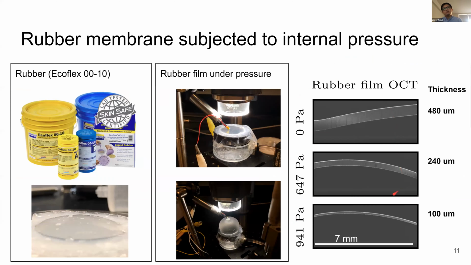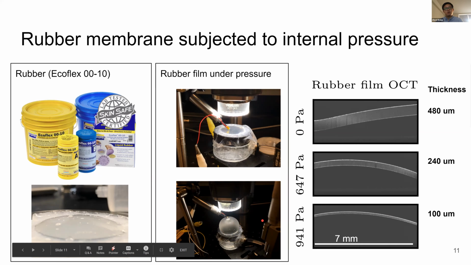So I guess the first question is the curvature effect, and I think it is obvious that at the high pressure level, the rubber will become like a balloon.